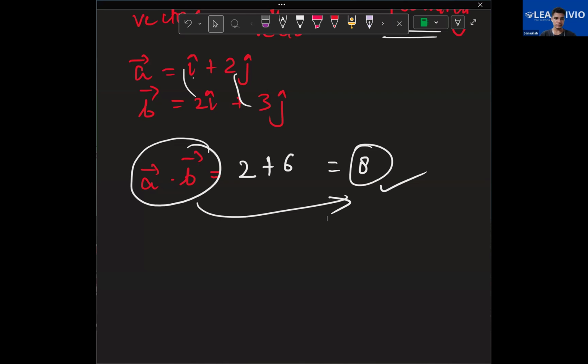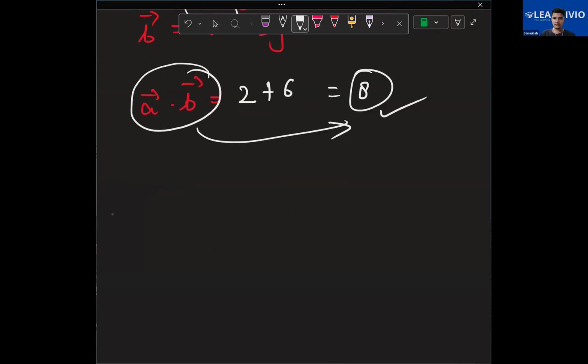If you have a line, and let's suppose this is your vector, and the angle between them is theta.